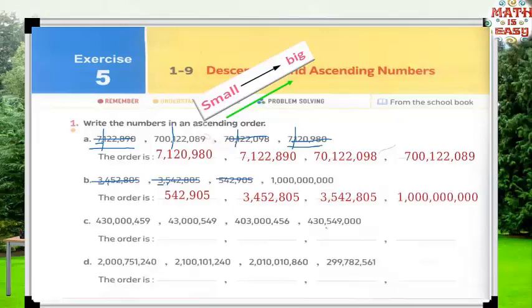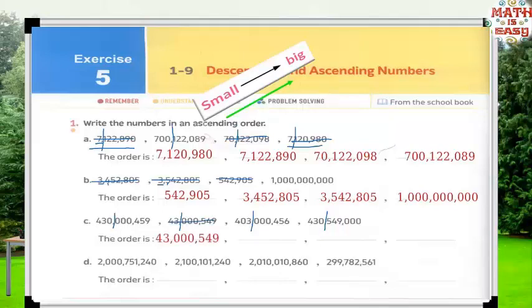See how many periods? 3, 3, 3, and here we have 3, 2. Okay, now I will make a line like this so we can compare quickly. Put a line at the first column. Here we have 43, 403, 430. Which one is the smallest? This one. 43 is less than all, so this number is first.